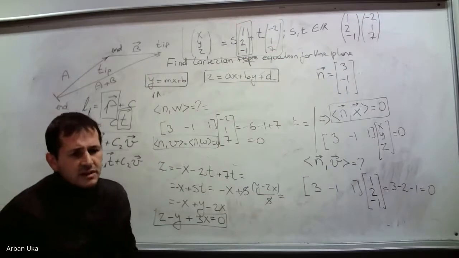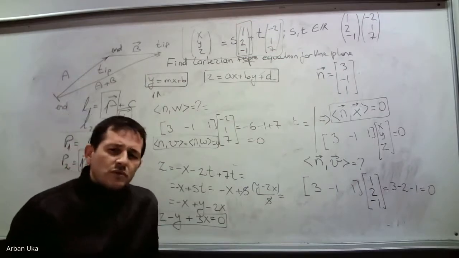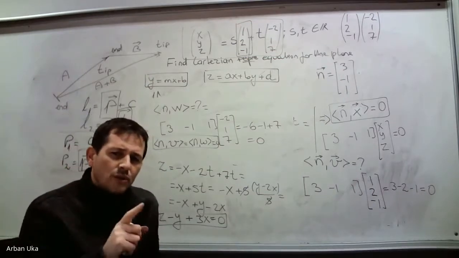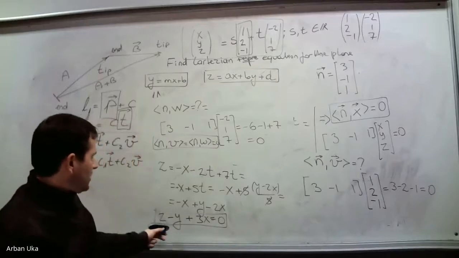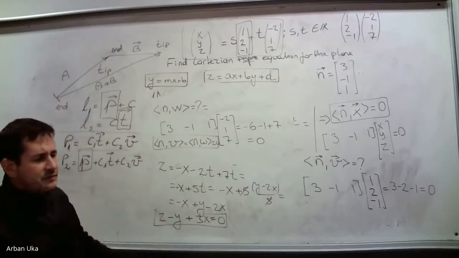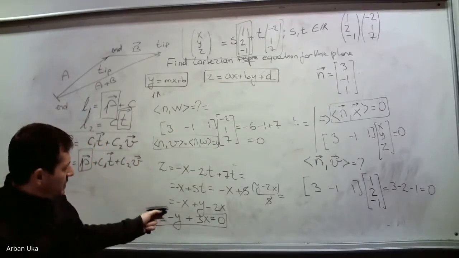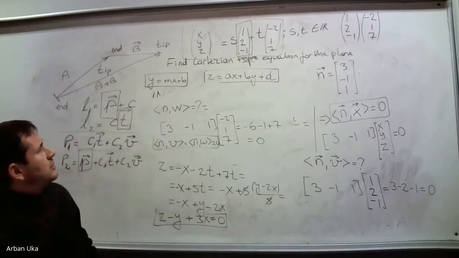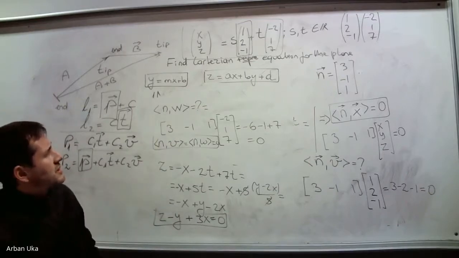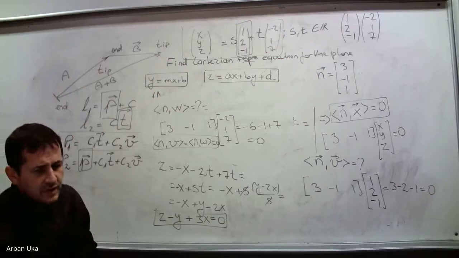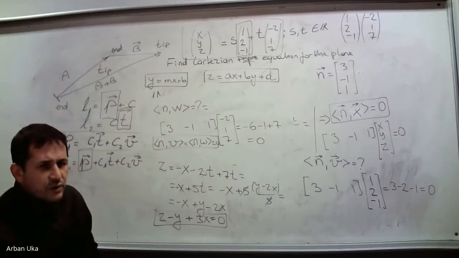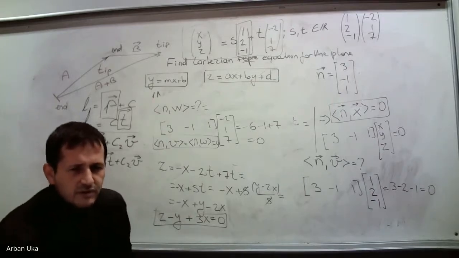And all of us should have predicted this. We could have predicted that the normal component we found here, z minus y plus 3x, with those two vectors should produce 0. So there is a lot of intuition here. I hope that with a couple more examples this becomes very clear.